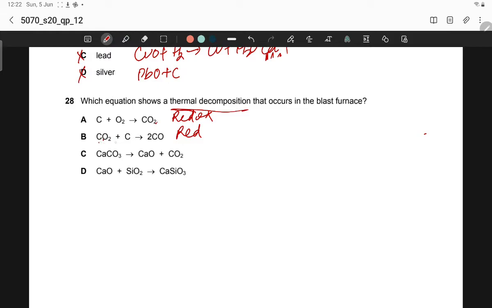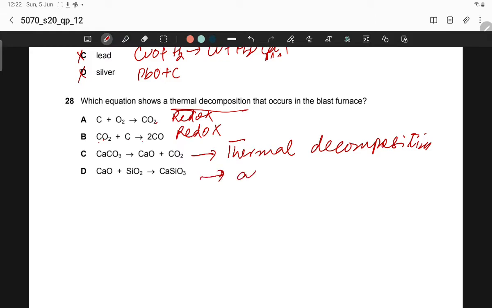Carbon dioxide is reduced in this case. Carbon is oxidized. This is also redox. This is thermal decomposition. And this is an acid base reaction. So C is correct option.